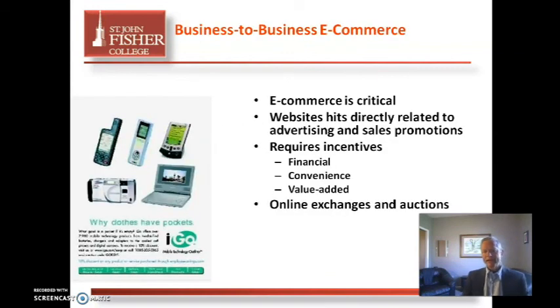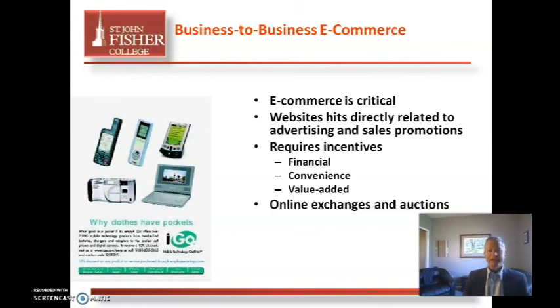Business to business e-commerce is also extraordinarily important these days. As a matter of fact, it's not necessarily business to business e-commerce so much as it's actually using the same server for the entire value chain.